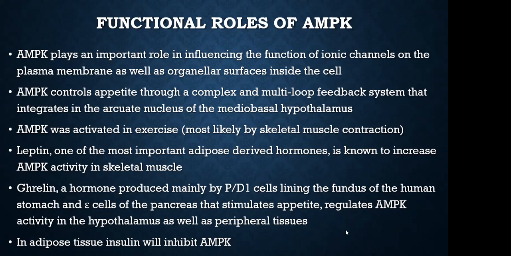AMPK also controls appetite through a complex, multi-loop feedback system that integrates in the arcuate nucleus of the mediobasal hypothalamus. So you see that it has a control within the hypothalamus.